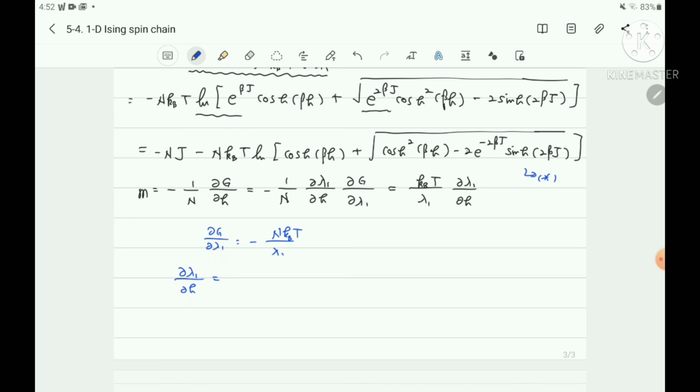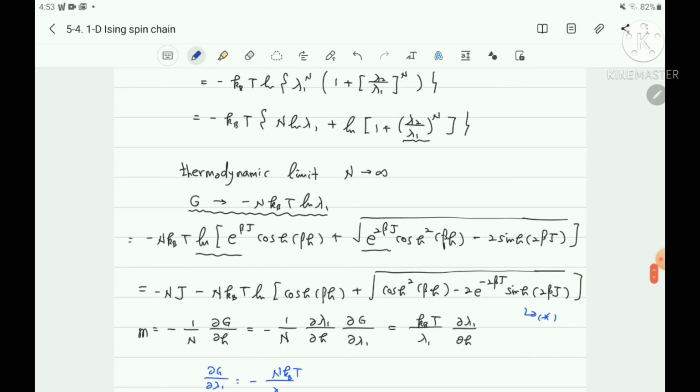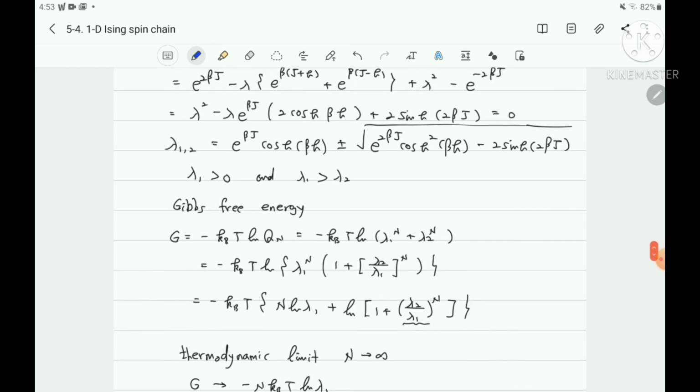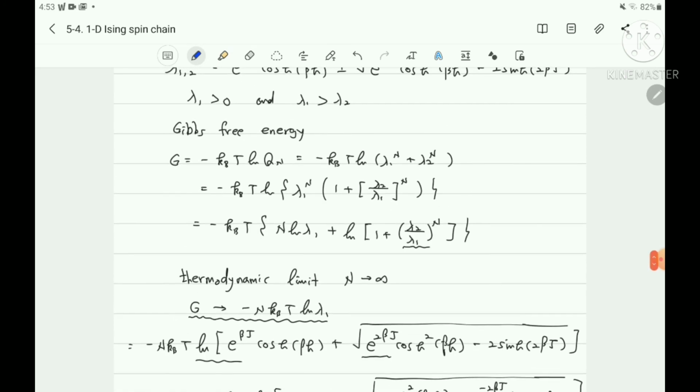The first term is, anyway, not this equation, it is g.